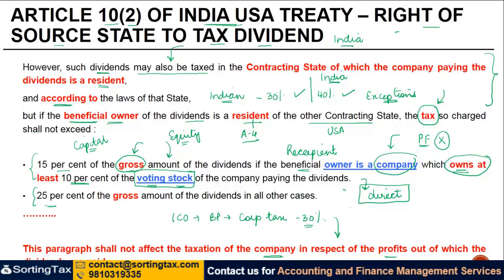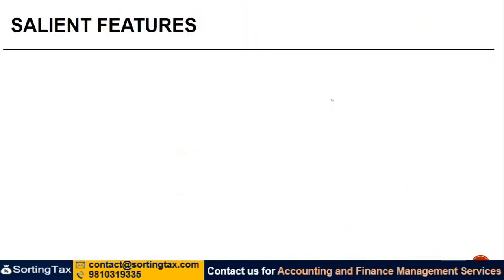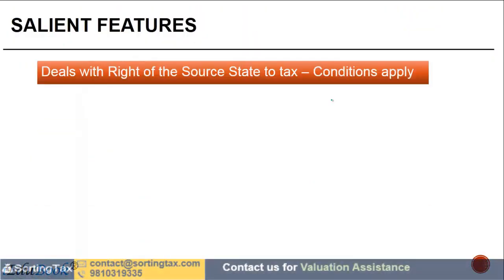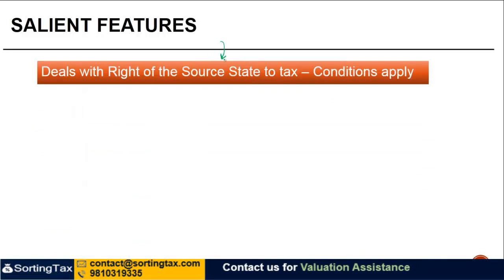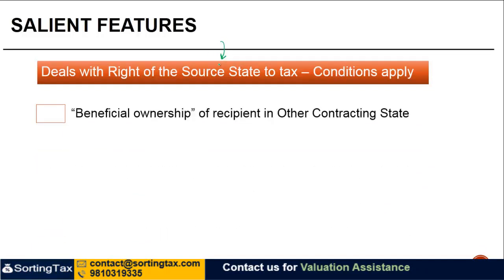So what are some of the salient features? It deals with the right of the source state to tax. The beneficial ownership of the recipient in the other contracting state should be established. That's where the reduced rate of taxation is available.